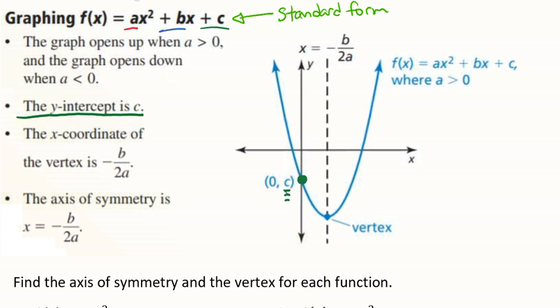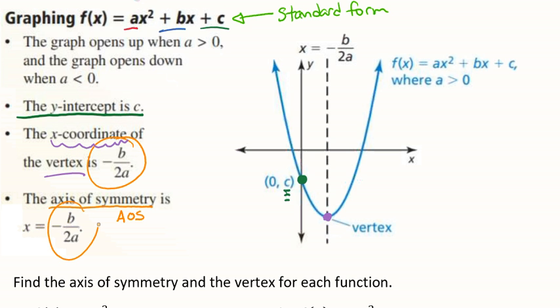Now our vertex, which is either at the lowest point or the highest point of our graph, meaning the minimum or the maximum, is what we're talking about here. So the x-coordinate of that point can be calculated by taking negative b divided by 2a. Now the axis of symmetry, which is sometimes referred to as the AOS, can be found by finding x equals negative b over 2a.